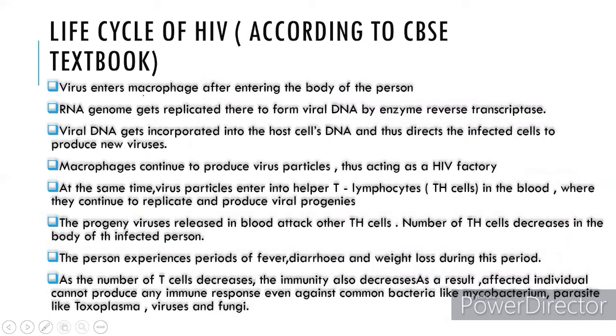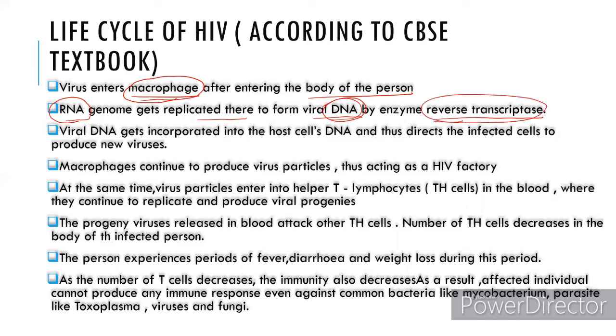The virus enters the macrophage after entering the body of the person. So here it can enter a macrophage or a T cell or a monocyte. RNA genome gets replicated to form viral DNA by the enzyme reverse transcriptase. I have mentioned that RNA gets reverse transcribed to DNA with the help of an enzyme called reverse transcriptase.